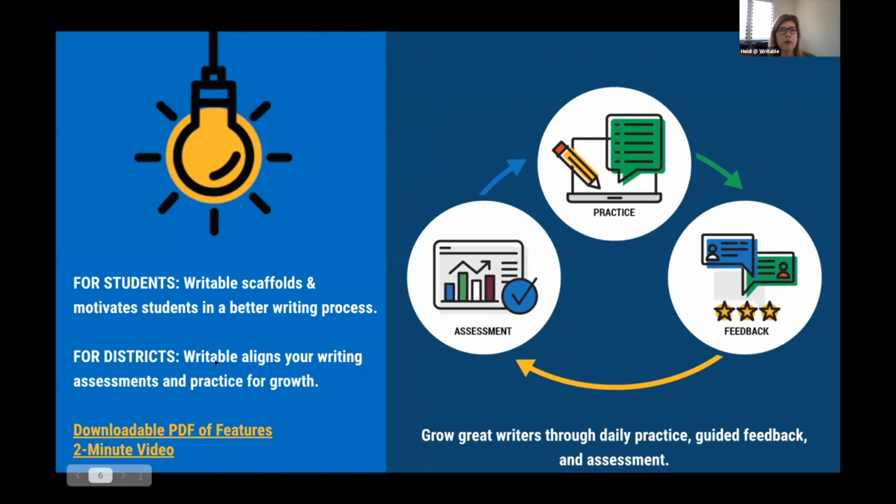If Writable was purchased for you, or you don't own Writable yet and you're considering it, those two features at the bottom left are really great, just a 10,000 foot level. But generally, schools come to us for 3 reasons. One, we have 1,000 rubric items and 1,000 assignments and prompts in the app.